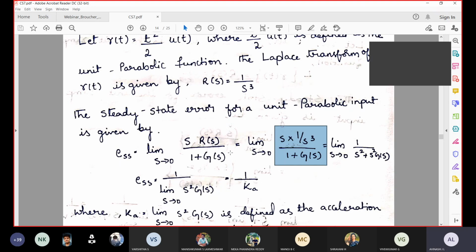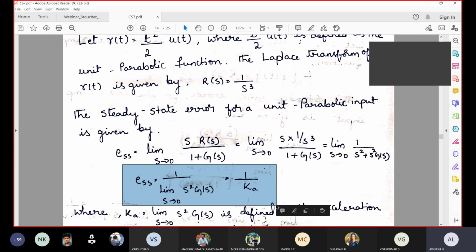Clear? So after that, if you put s equal to 0, 0 square is 0. So it will be equal to 1 divided by limit s tends to 0 of s square into G of s, which is left out. And that will be called Ka. So what does that Ka stand for?